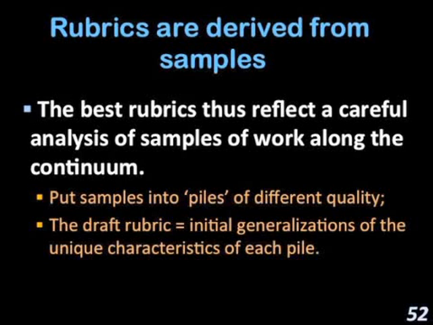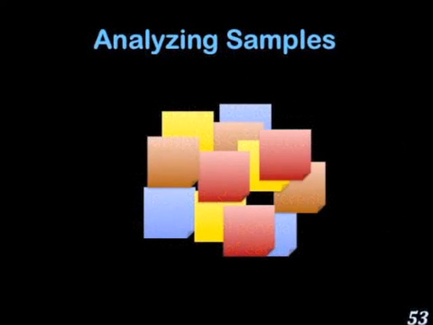We look at actual samples of work that are polished or not so polished, and we say, that's definitely polished. Well, that one's not. Well, then why did I say that? In other words, analyzing samples and turning them into descriptors is how we go from just the criteria to having full-blown rubrics.